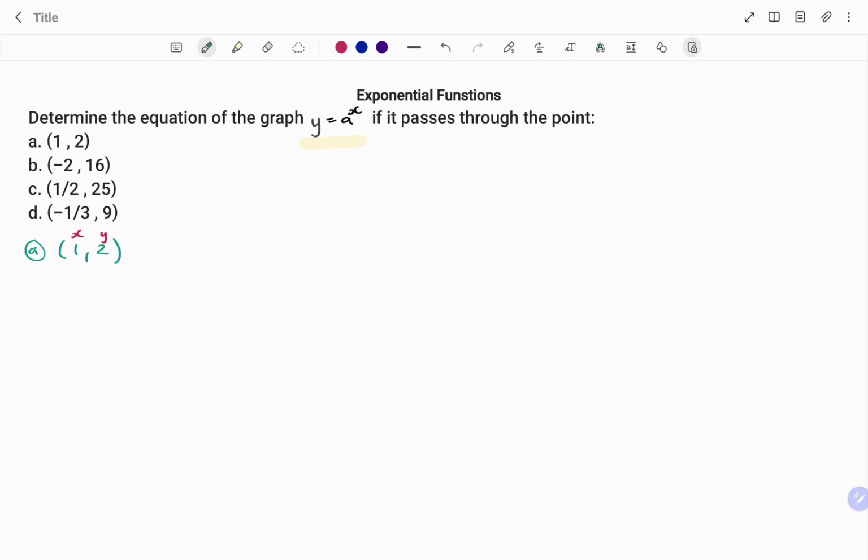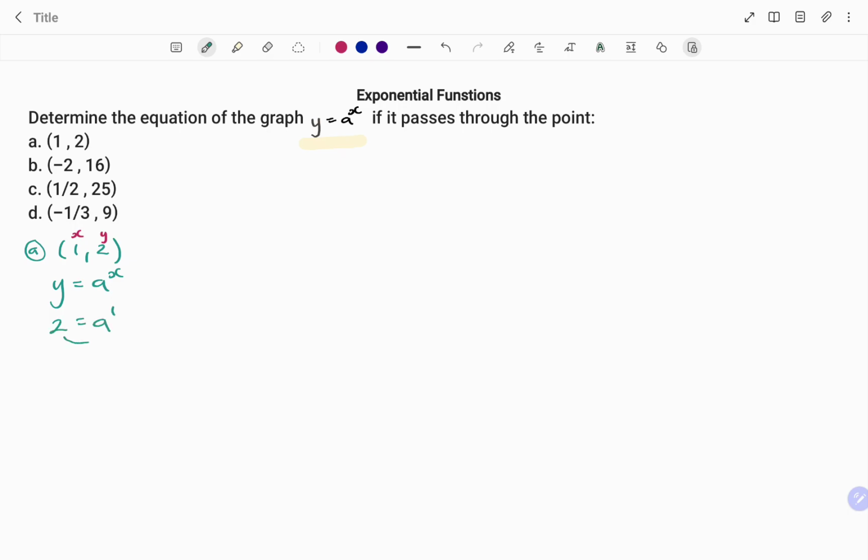Using the equation given in the question, we have y equals a to the power of x. Our y and x will always remain as variables, but we need to find a. To do that, we substitute the values of y and x. Y is 2 and x is 1.